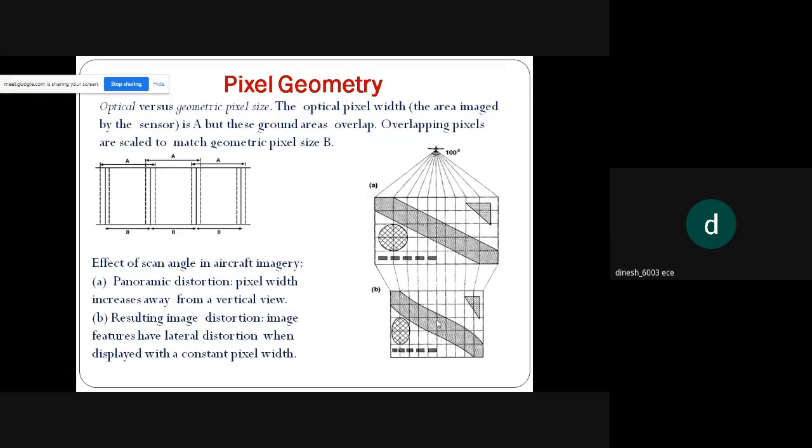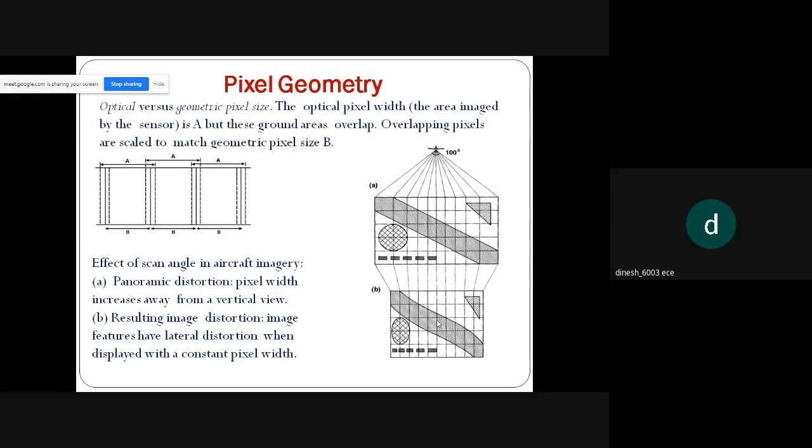So that is where the pixel geometry comes into play. Here is the place where we use the optical pixel width to find the exact geometry which is detected by the sensors.